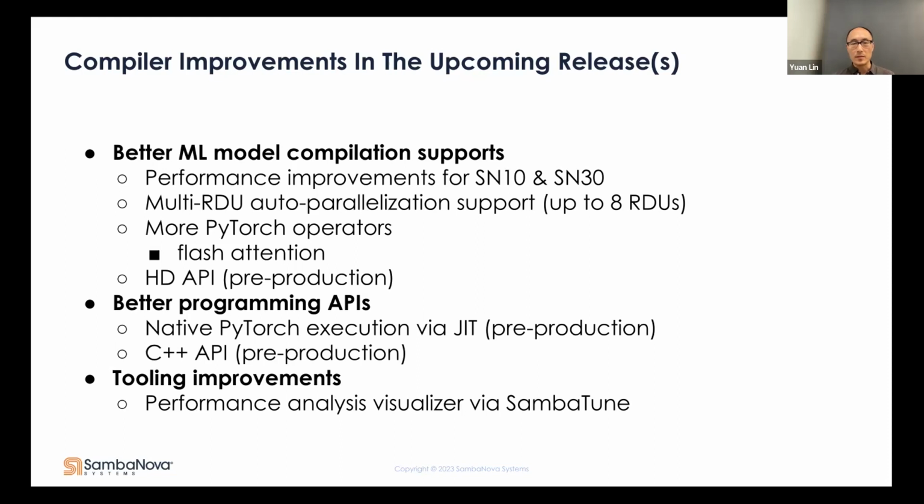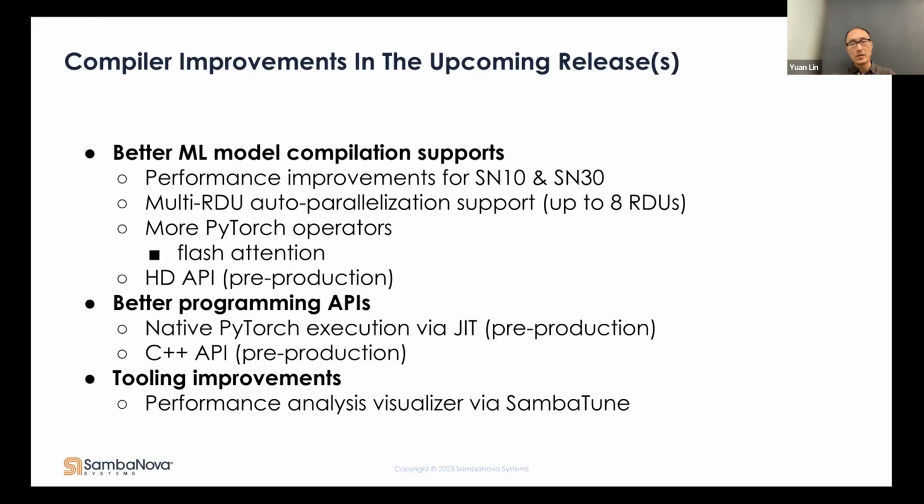Obviously there's SambaTune, which we'll talk about in a later presentation, but we are also working on a better programming API. Currently, as we mentioned before, you have to take the PyTorch model, transform it using SambaFlow, and then run that. There is another pre-production tool that we have, which uses just-in-time compilation.